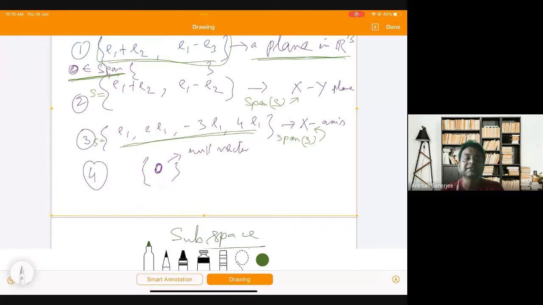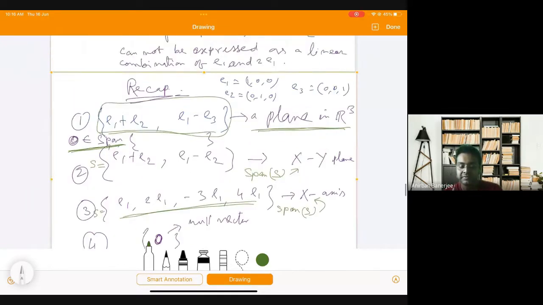Of course, we know that to generate the x-axis, the minimum we need is 1 vector. E1 will be sufficient, or any multiple of E1 will be sufficient. But here in this case, there are 4 vectors. Of course, they are linearly dependent. But this set of four vectors, yes, they generate the subspace, which is the x-axis. Is it clear?